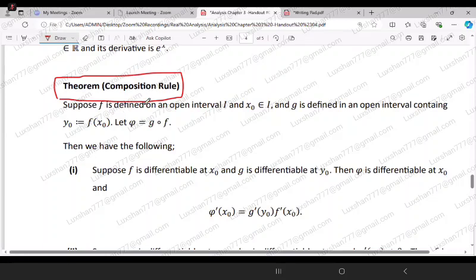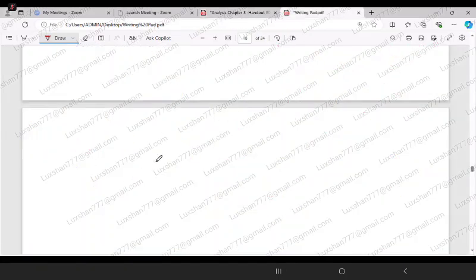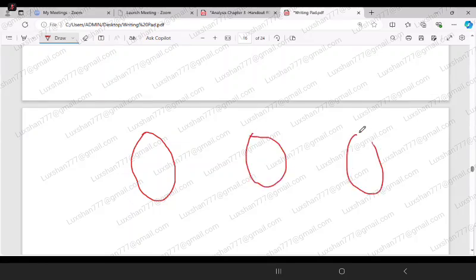Now this is called the composition rule. This is very important. Definitely, you will get a question from this one. Composition rule: suppose f is defined on an open interval I and x naught belongs to I, and g is defined on an open interval containing y naught. Let phi be equal to g circle f. So you have studied composition of functions. Say we have two functions. From here to here we have the function f.